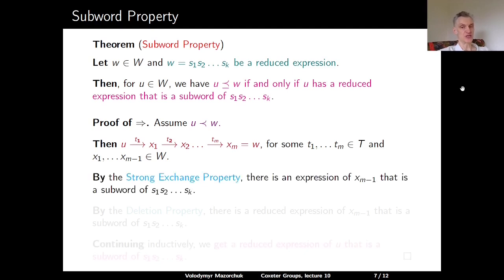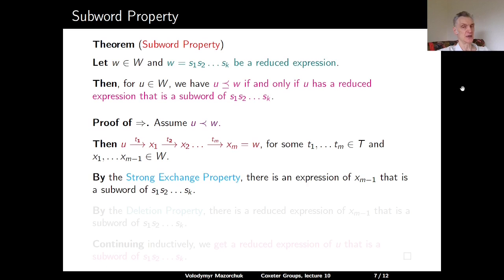So by the strong exchange property, there is an expression of x_{m-1} that is a subword of s_1, s_2, and so on up to s_k, because there is an arrow relation from x_{m-1} to x_m, which is w, labeled by t_m.